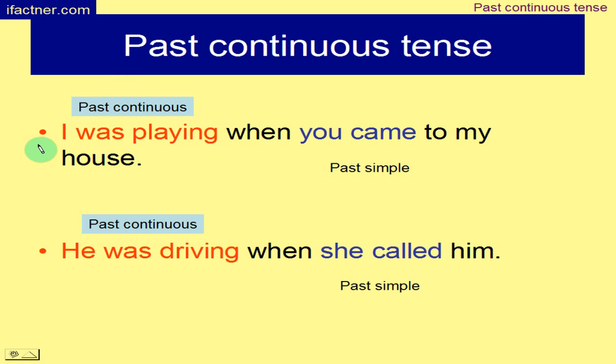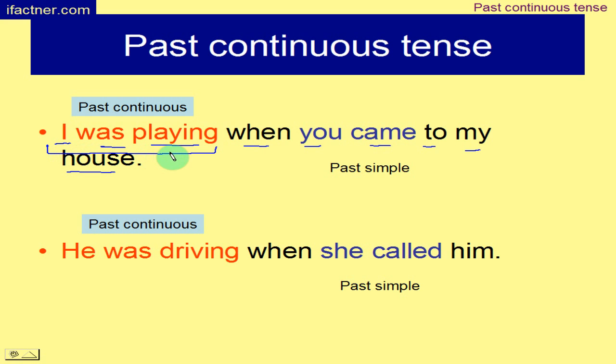We have got two examples on this slide. The first one is I was playing when you came to my house. If you look closely, there are two tenses in this sentence.